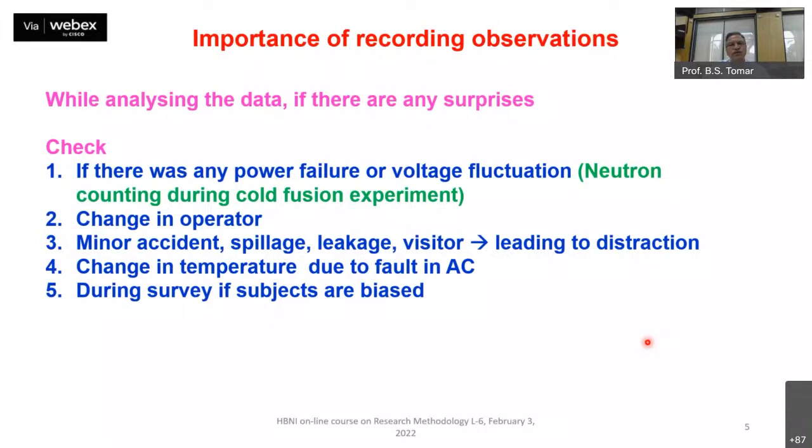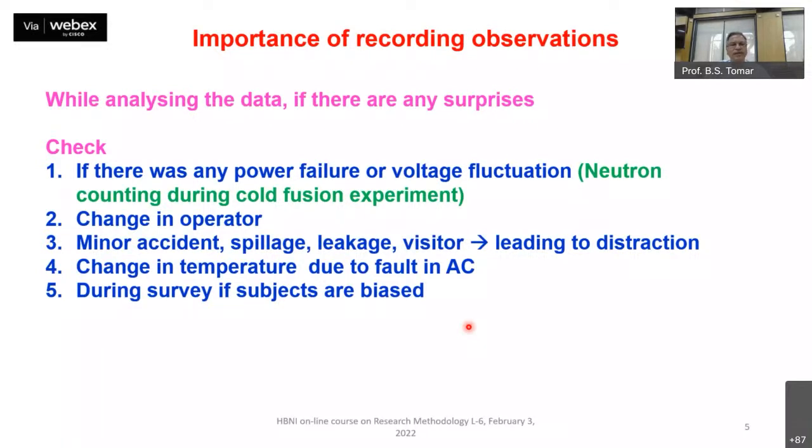Then if you are working on a machine which needs to be operated for a long period of time, like 24 hours or even 4 days together, like accelerators or big machines, then there will be change of shift, change of operator. Different operators have their personal habits or biases, so if they have to do some setting of the machine, there could be some changes in the situation.